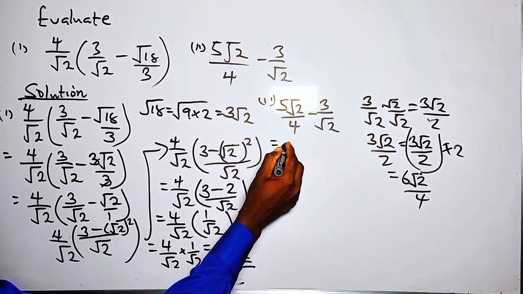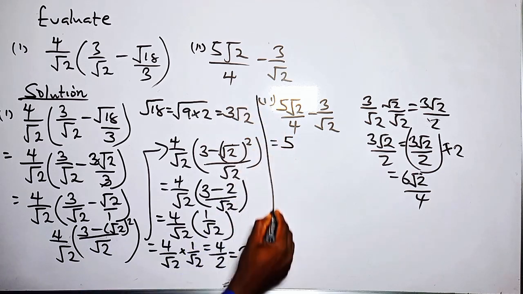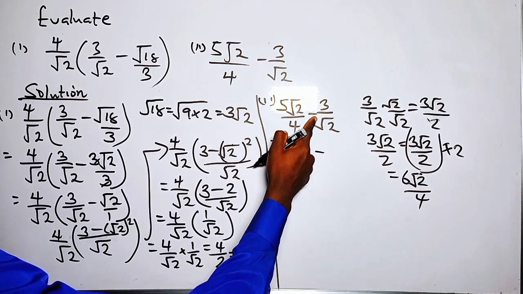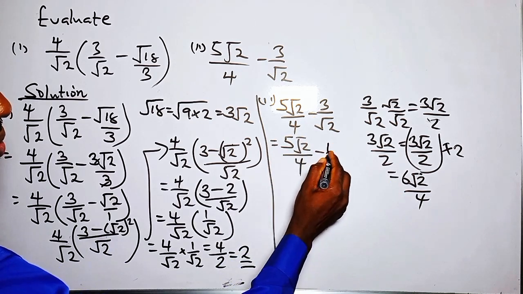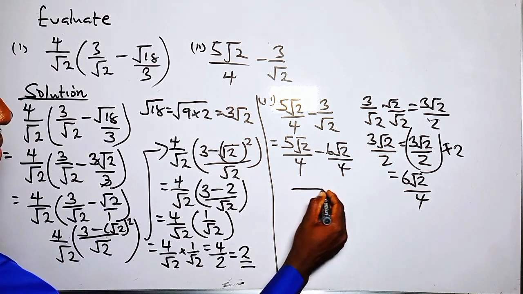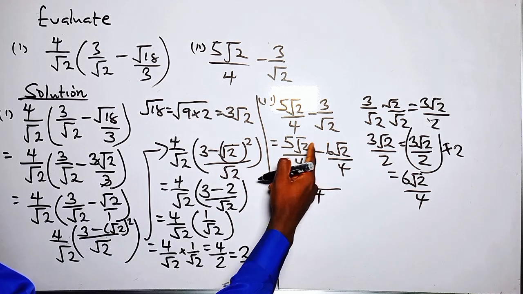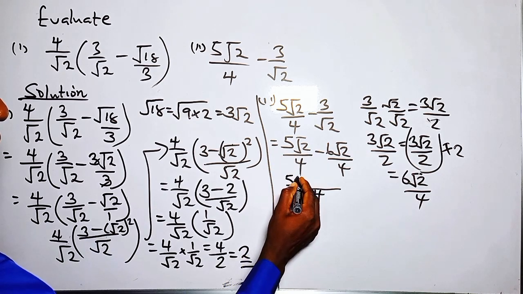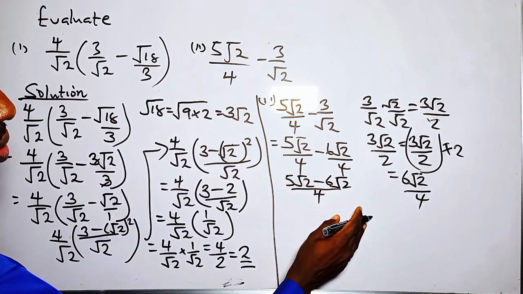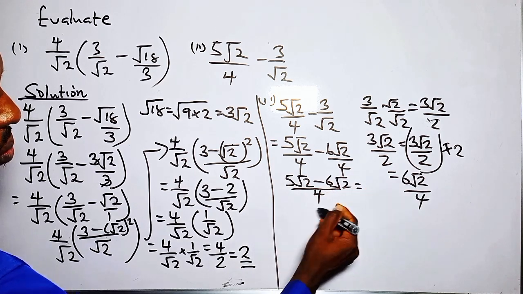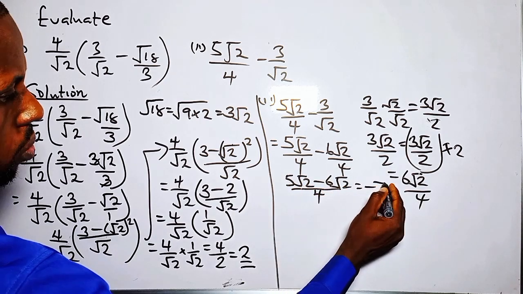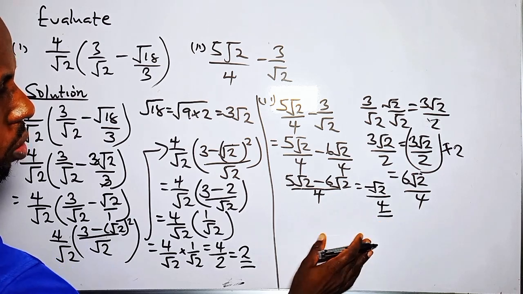So we have 5 root 2 over 4 minus 6 root 2 over 4. We have a common denominator, so let's subtract the numerators: 5 root 2 minus 6 root 2. Since we have the same root, we can subtract, so we have minus root 2 over 4.